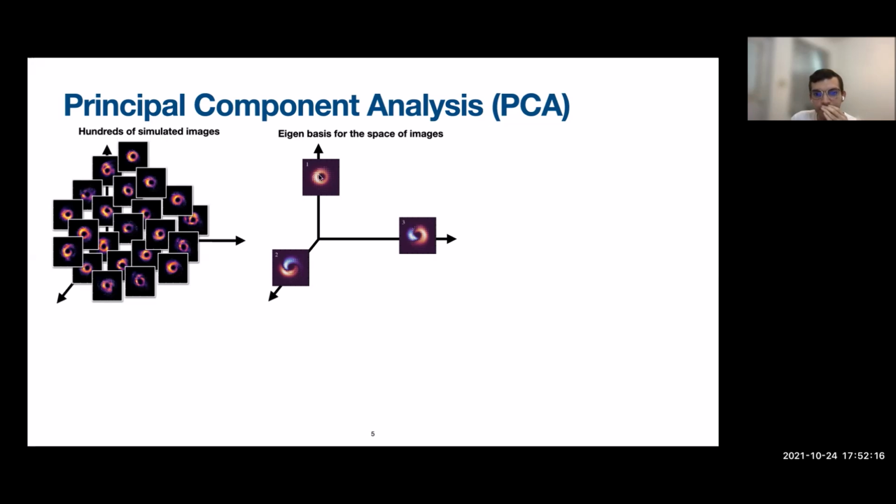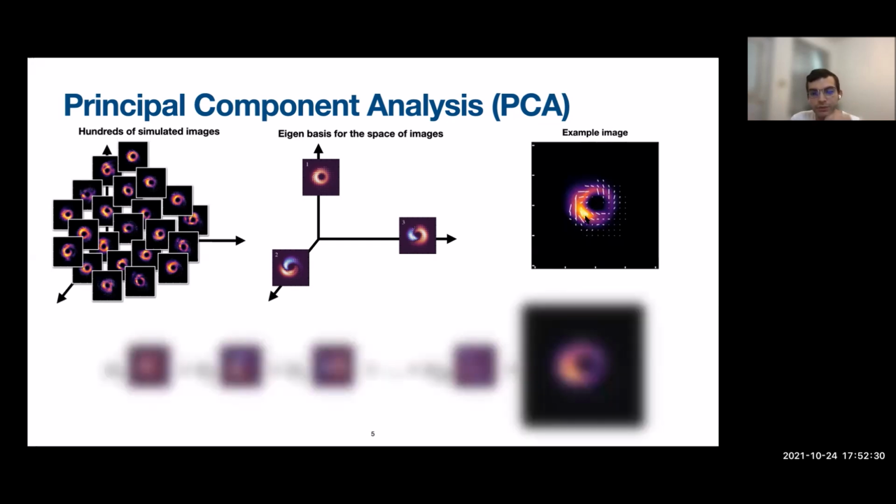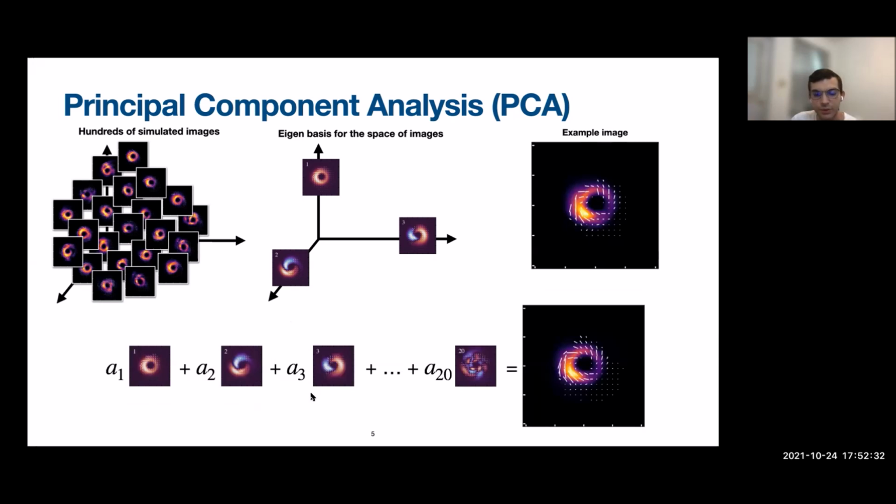Here, these images correspond to what are called the eigenvectors, and those eigenvectors explain properties of the variance of the images. The way we use this information to reconstruct these types of images is by using a linear combination of those eigenvectors. The eigenvectors are also called the PCA components, and that's important because I'll use that term in the rest of the talk.